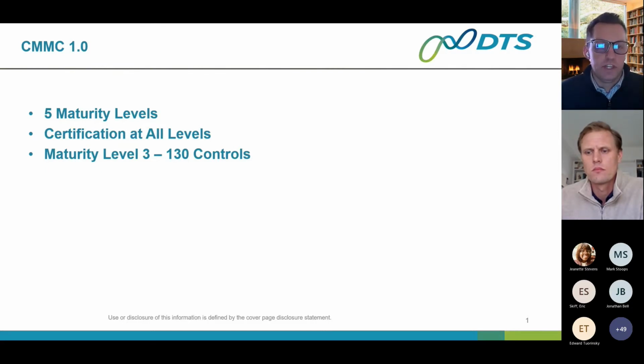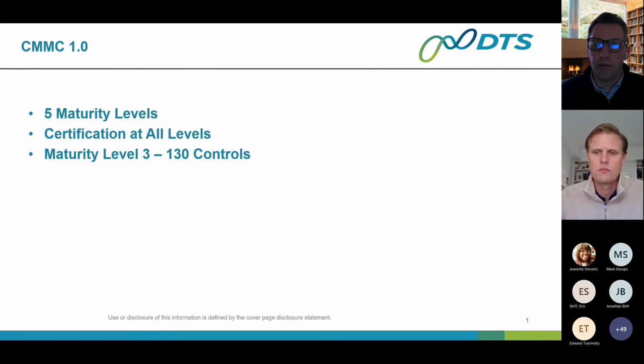This level had 130 controls, and 110 of those 130 were all of the NIST SP 800-171 controls. The additional 20 were commonly referred to as the Delta 20, and they were 20 controls that were policy and procedure related and were specific to CMMC, and they were created by the DoD.